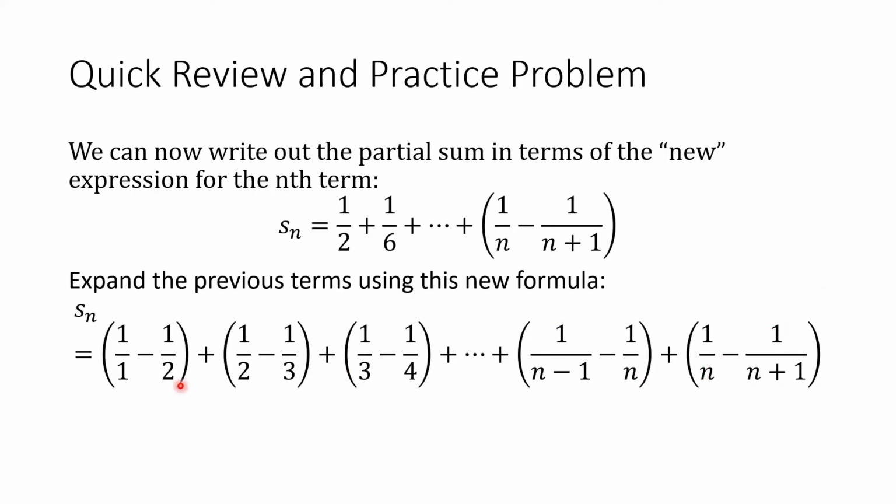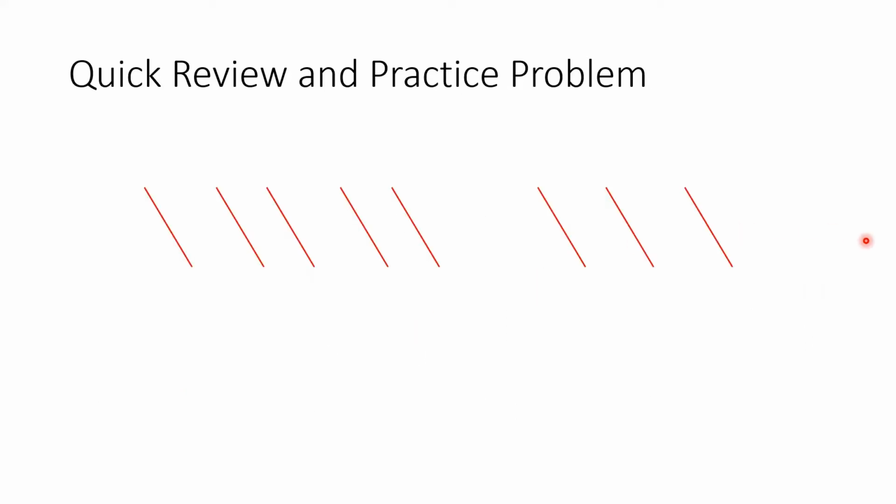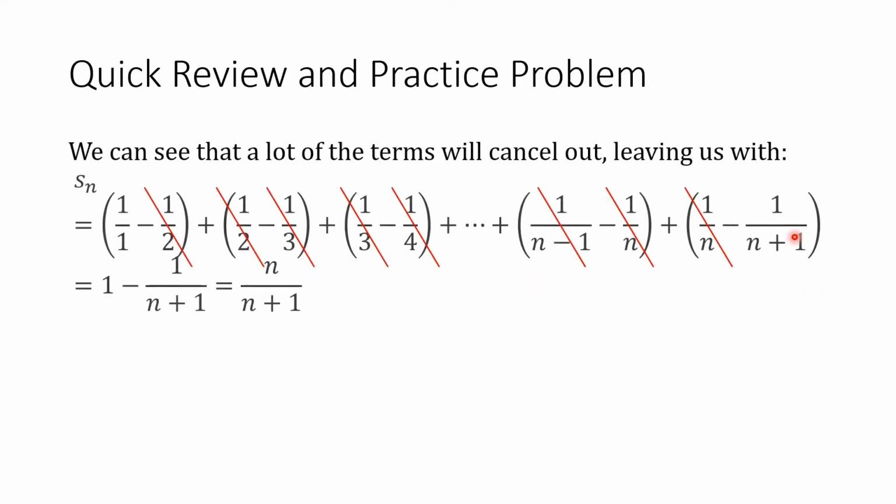You've probably noticed the pattern by now. We can see that a lot of the terms will cancel out, leaving us with 1 over 1 minus 1 over 2. However, there's a positive 1 over 2 over here, minus 1 over 3, but there's a positive 1 over 3 here, etc., with the minus 1 over 4 having a corresponding 1 over 4.